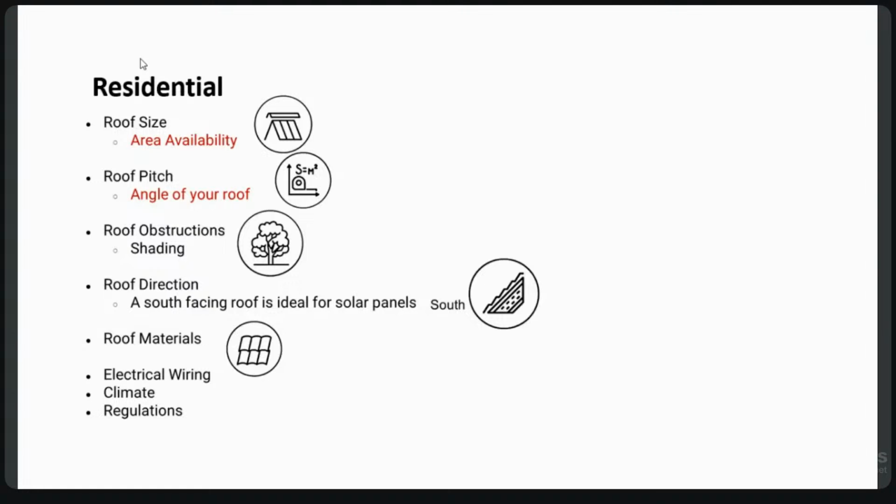Some regions near North India will have almost 8 to 9 months of sunlight. Not far north like Kashmir, but like Delhi and UP, where there will be more solar energy, but compared to the northern shore we have less. We need to know the climate condition and also the regulations. These are the things we need to consider when installing a residential system.